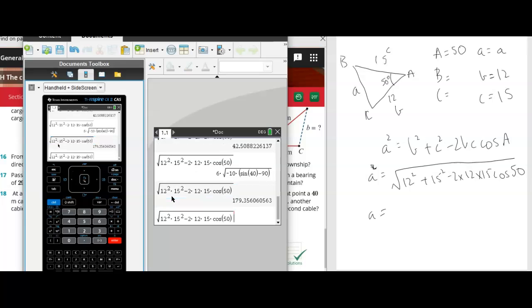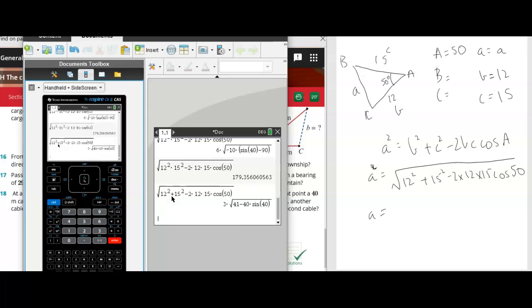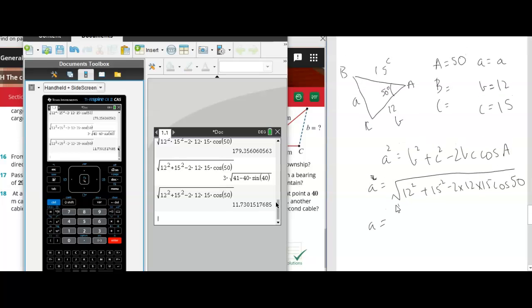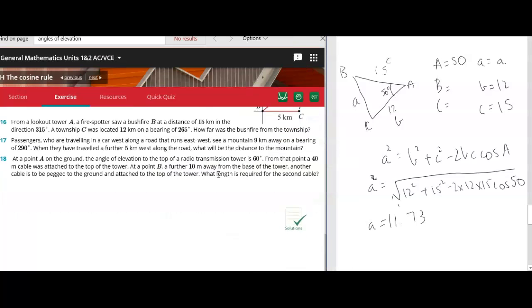Can you see that? I put a times in instead of a plus. So girls, remember, check your answers. There we go, that's a bit better. 11.73. Okay, good stuff.